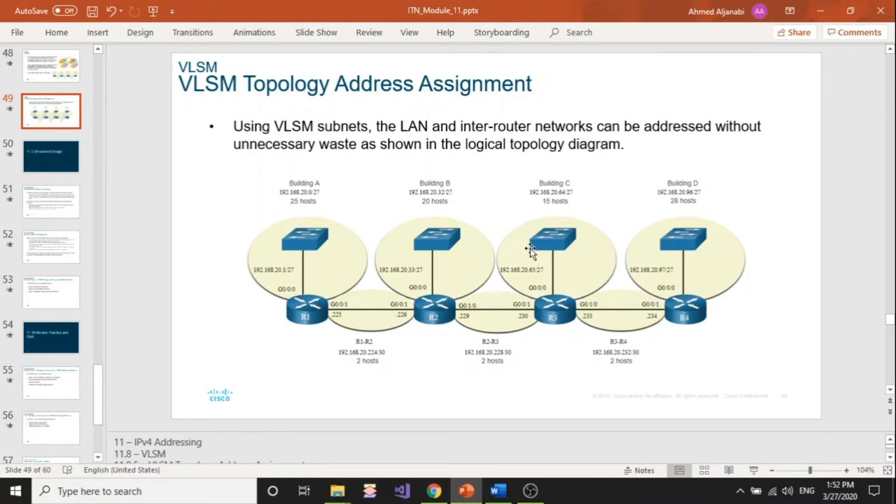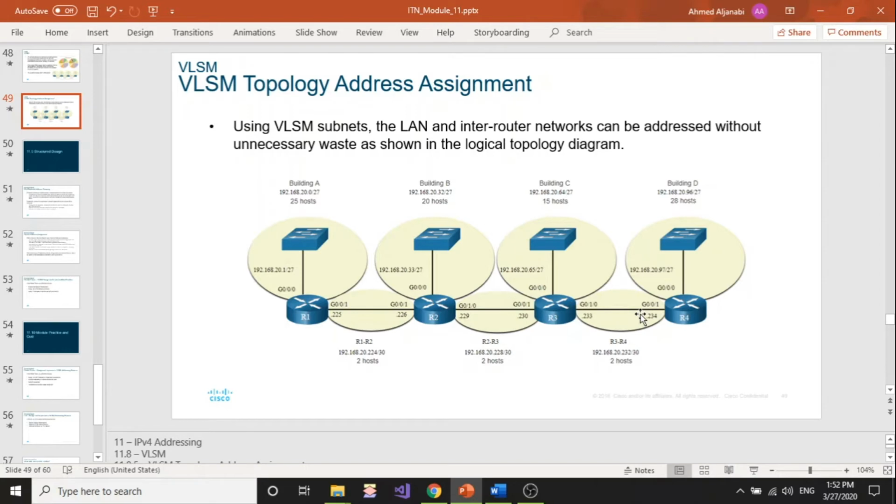So each one of the 7 networks that I have here will reserve 30 IP addresses. Since I have a switch, I can use 30 devices with no problems. But the connection between those routers can only use 2 IP addresses, and that basically means I'm reserving 30 and only using 2, so 28 are lost here, 28 here, and 28 here.